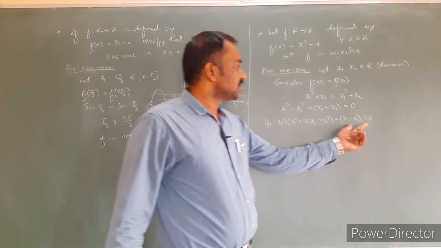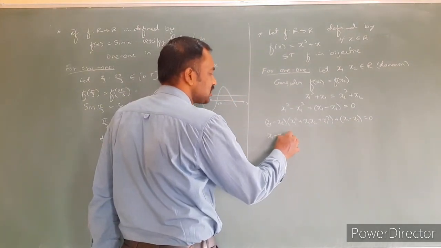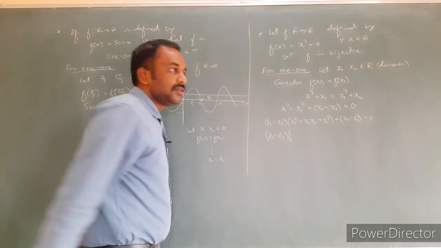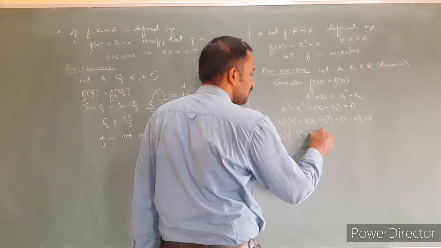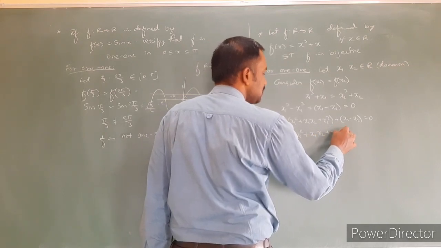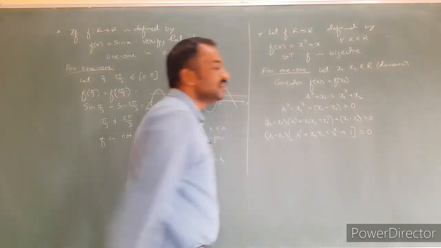From these two terms, can I take x1 minus x2 common? If I take x1 minus x2 common, what is left? x1 square plus x1 x2 plus x2 square plus 1 is equal to 0.